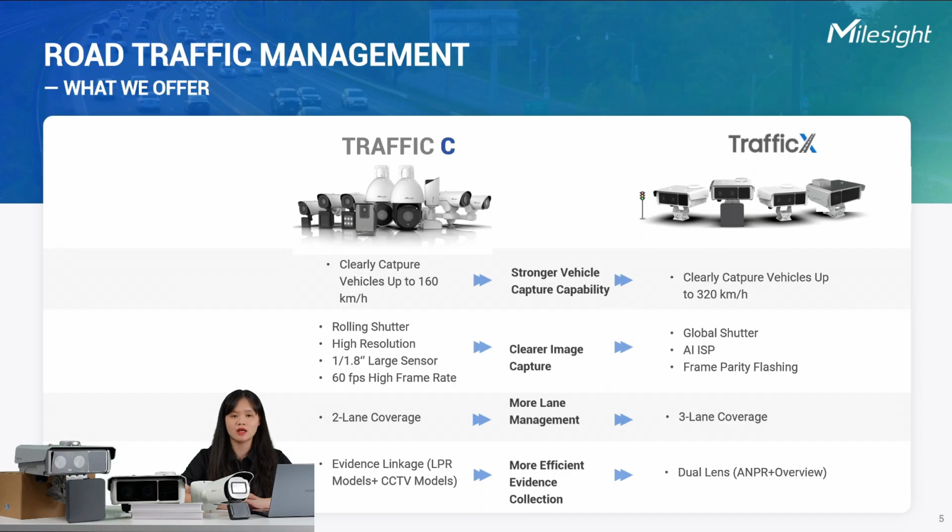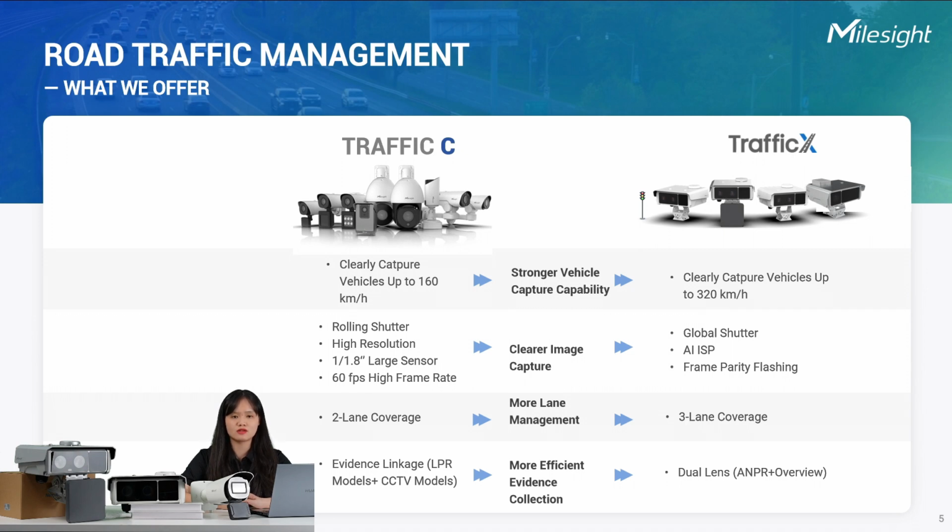That means they may need another CCTV model for overall image capture and the ANPR Traffic C camera for the license plate and vehicle details capture. So that is all about the difference between the Traffic C and the Traffic X.